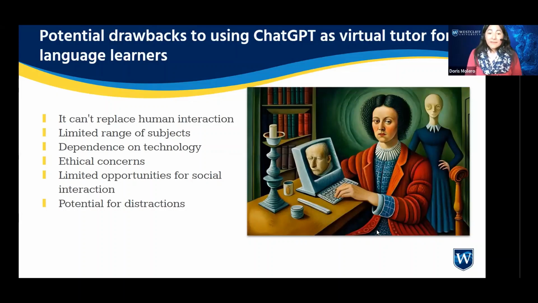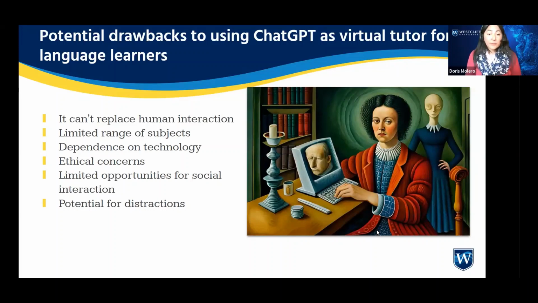ChatGPT has benefits as a language learning tool, but it also has drawbacks. So, for instance, the first one, and this is the most clear, is that it can replace human interaction so far. It has a limited range of subjects, and requires technology and also internet access.